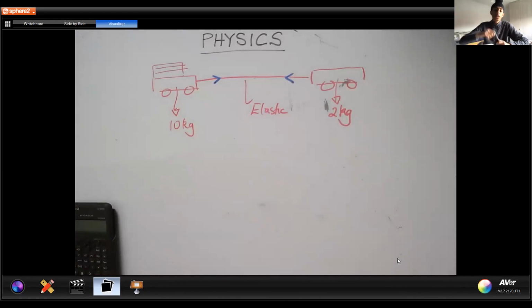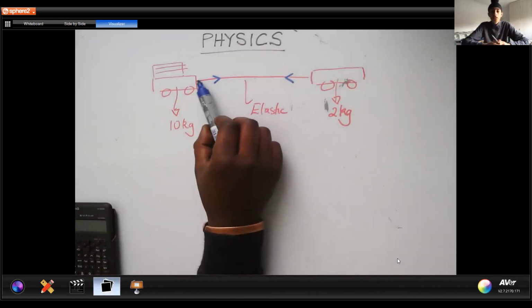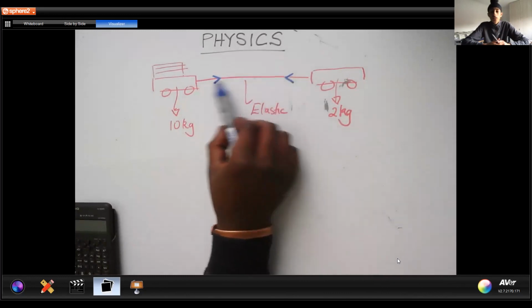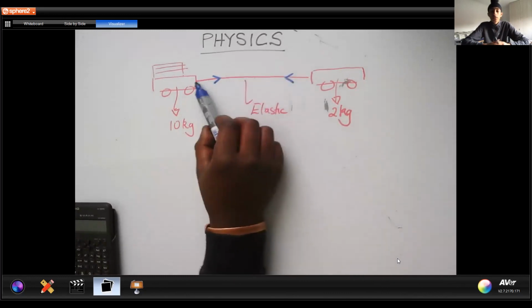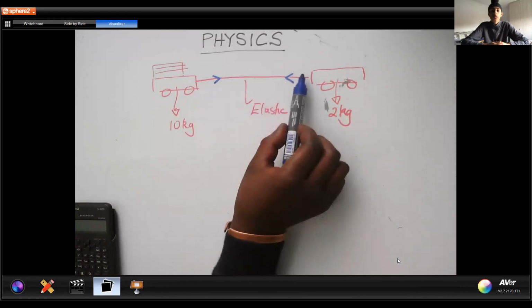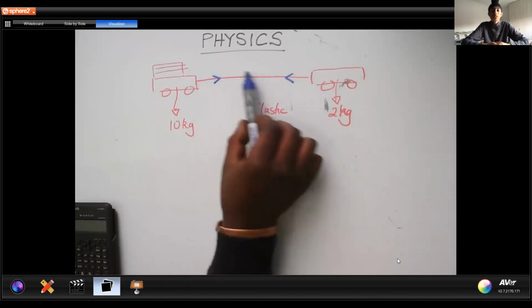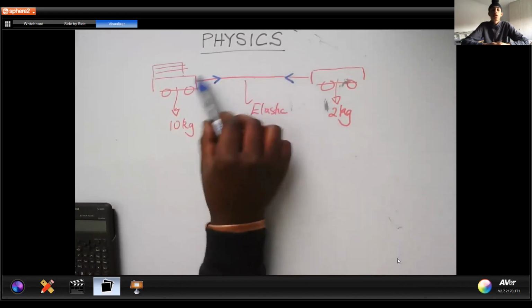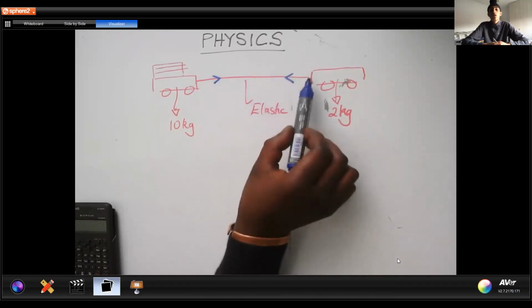But isn't the 10 kg force greater than the 2 kg? The one on the left is greater. Well, they're in the same piece of rope or same piece of plastic, the same piece of elastic. It can't have two different forces in different parts of it. It's not possible.